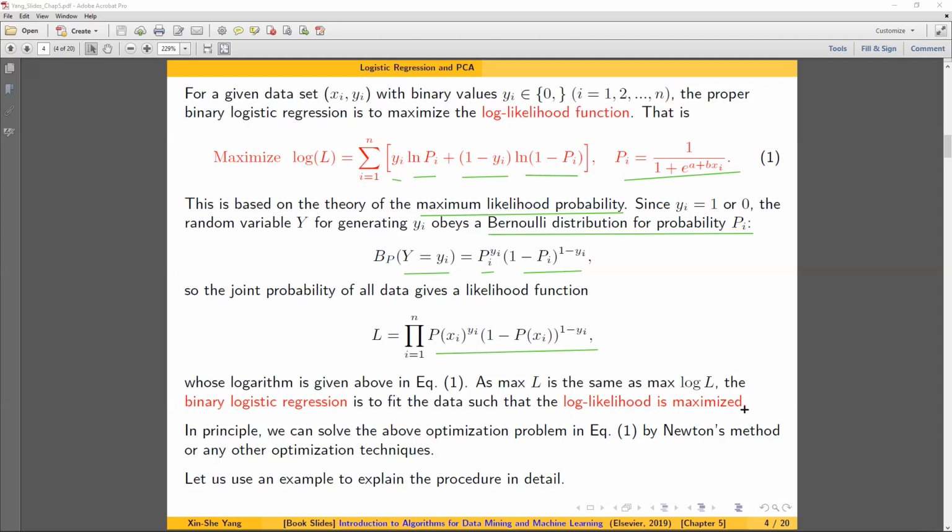So true logistic regression is really that instead of using nonlinear least squares, we should be maximizing the log likelihood to estimate our P. Now the problem becomes how to maximize this. We can use Newton's method or any optimization technique to solve this maximum log likelihood problem.